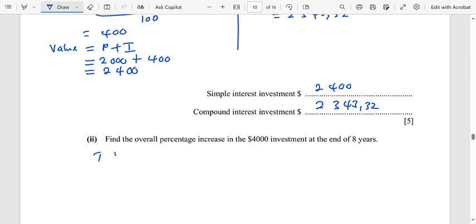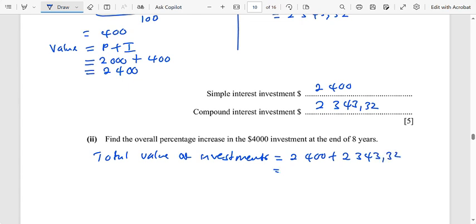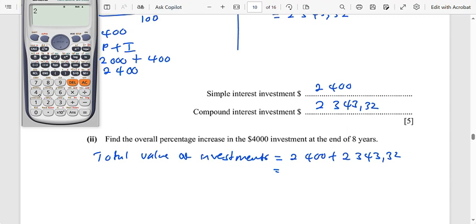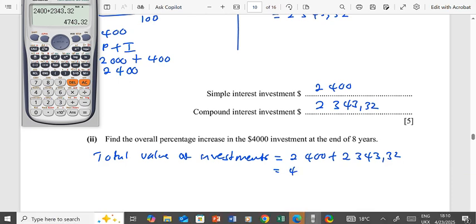So the total value of investment for both investments is equal to 2,400 plus 2,343.32. 2,400 plus 2,343.32 gives us 4,743.32.